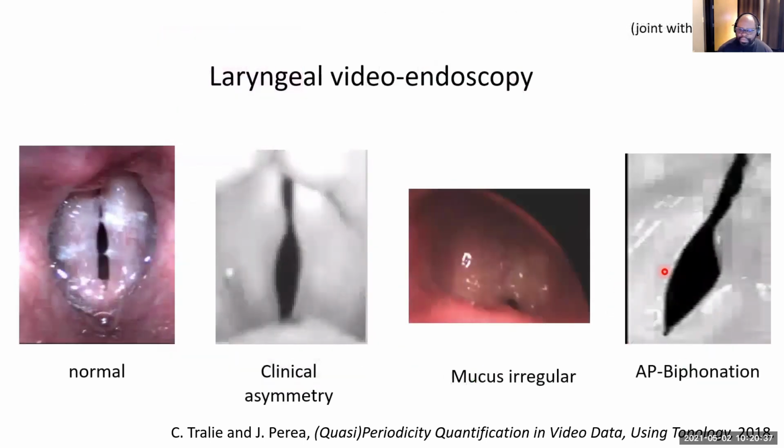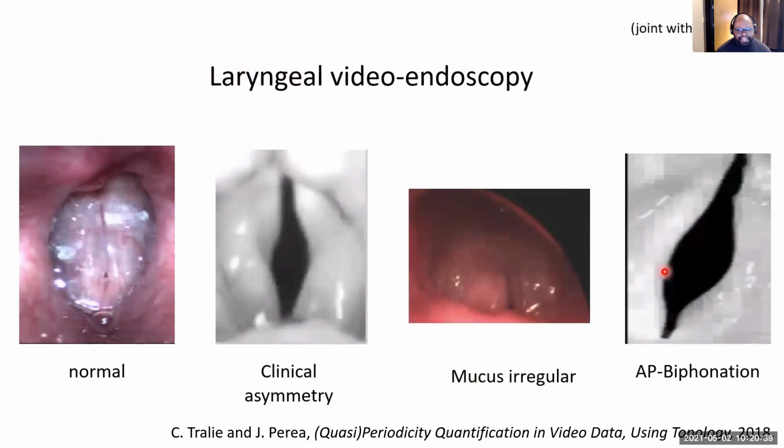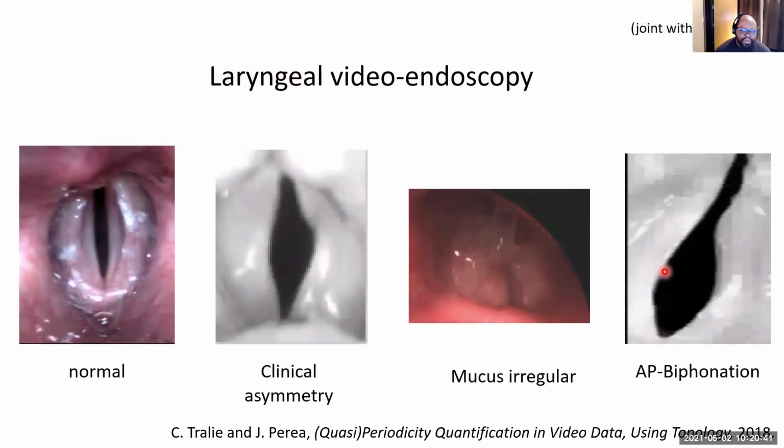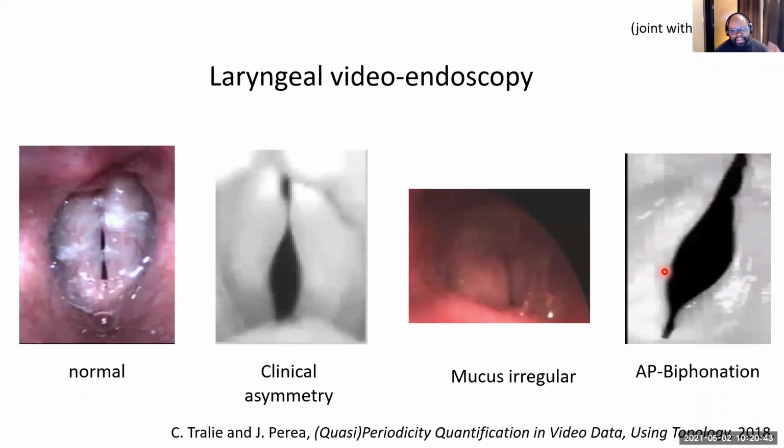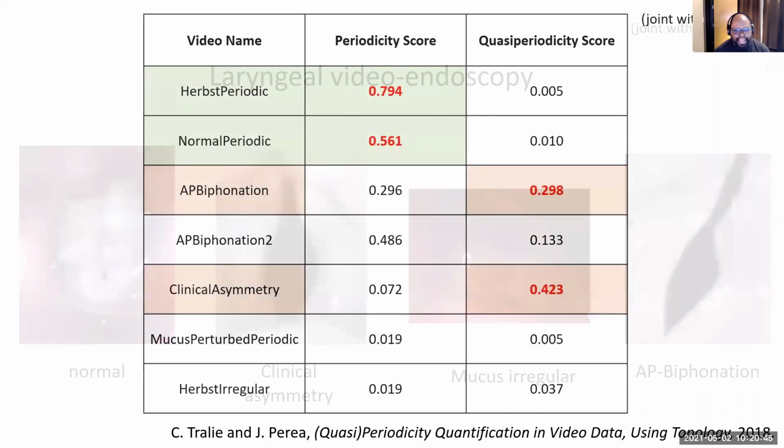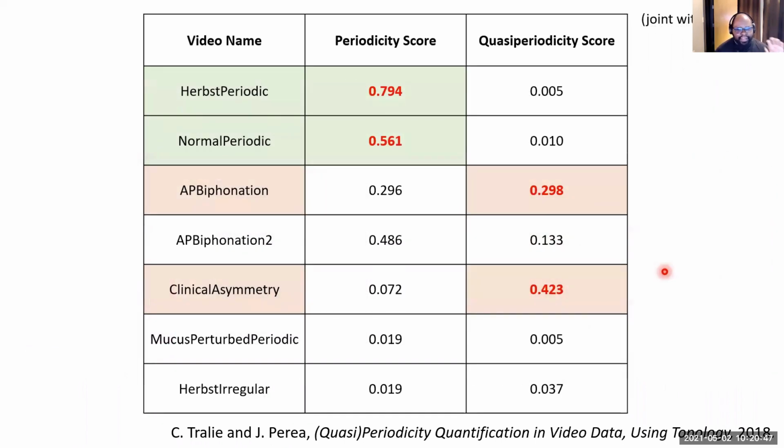So, by applying sliding windows and persistence detection, we can automatically localize normal behavior and these aberrant behaviors.